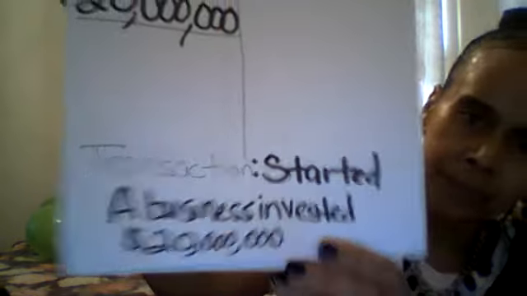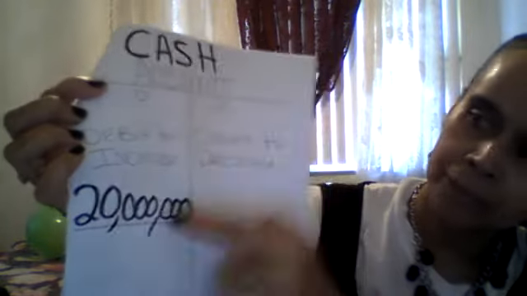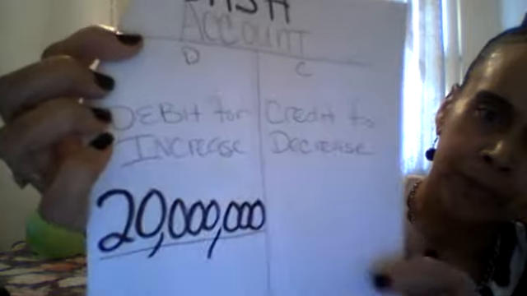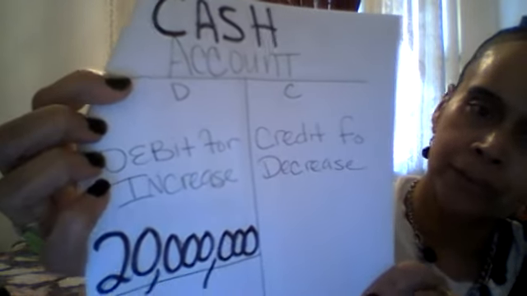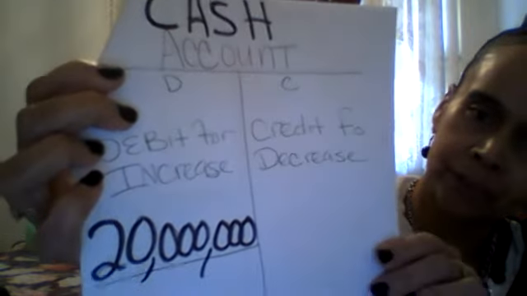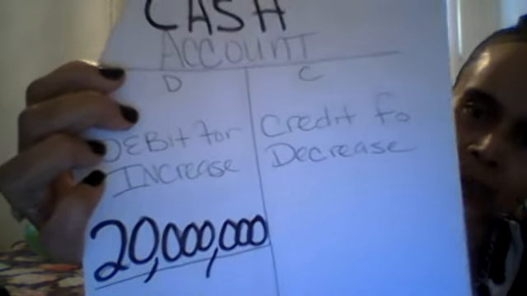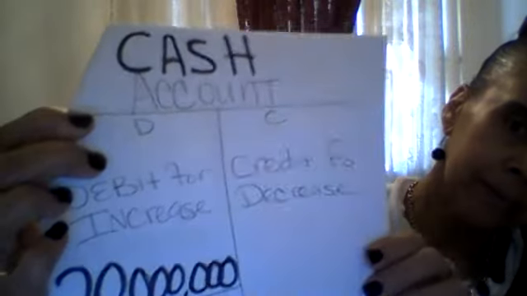Started a business, invested 20 million. So if you started a business and you invest 20 million, you want to debit the cash account. Debit the cash account 20 million, because I only invested 20 million. So it also would be a credit, as I showed you in the previous transaction. It'd be a credit to owner's equity, 20 million as well. So that's 20 million.